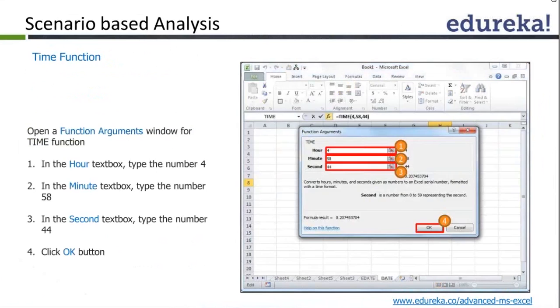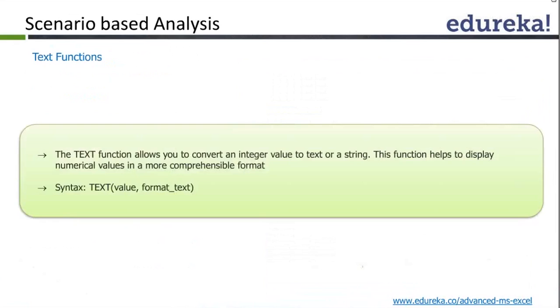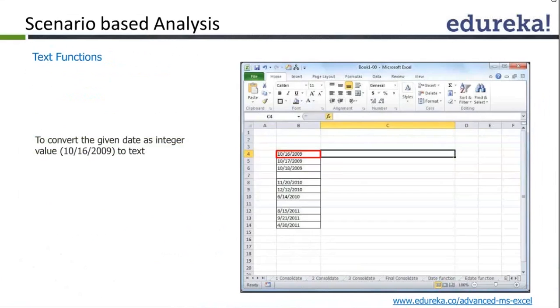These are some of the scenario based functions, and we have already discussed some of these functions in our last classes, so we'll just review. We'll also talk about the text function. Just now we used this text function in our macro to find out the day of the week, so we will revisit this once again.